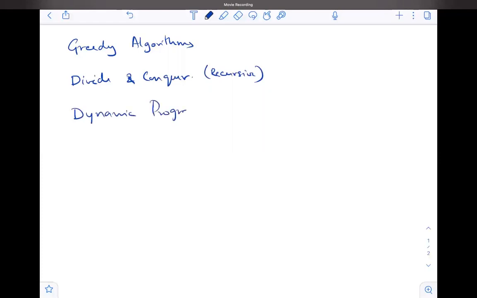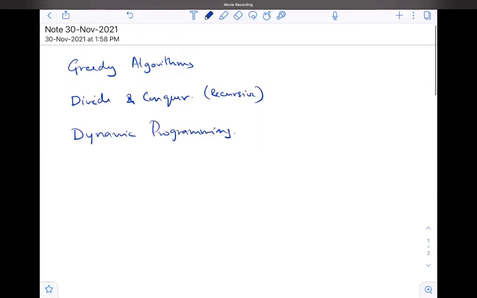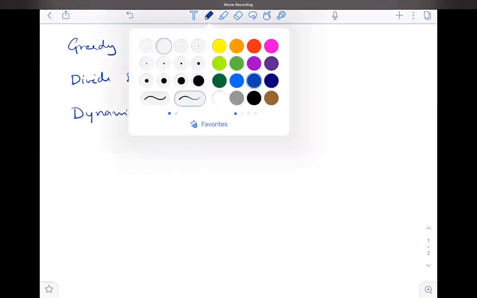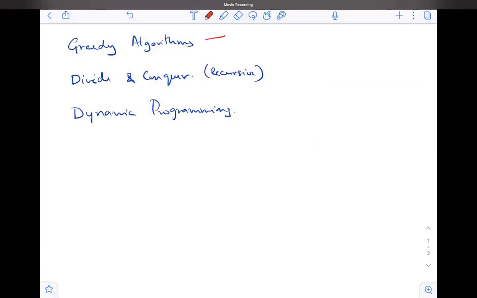Now we have not seen dynamic programming per se as such, except for one small example, possibly. In the greedy algorithms, you have seen the shortest path algorithms, and the MST, Prim's algorithm.